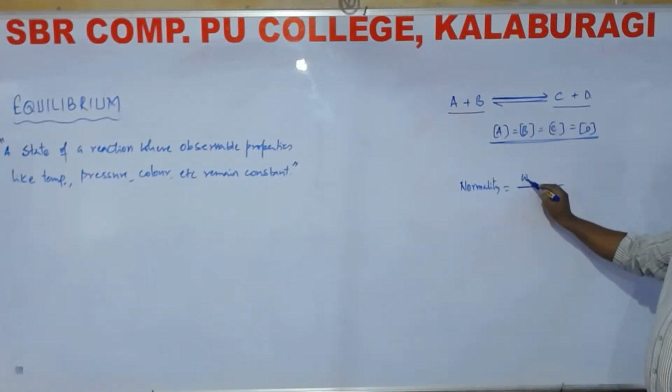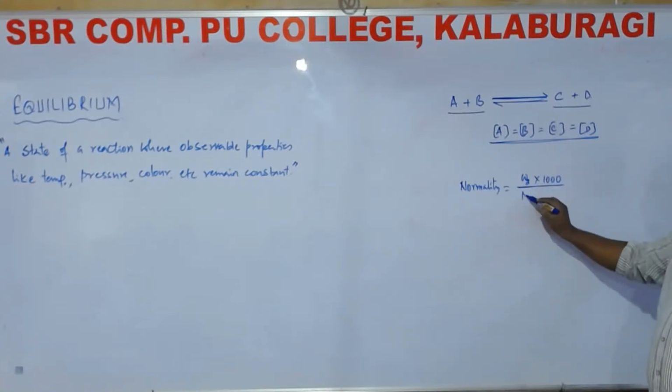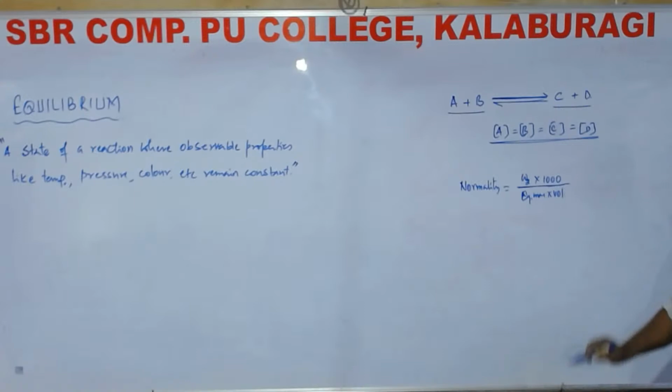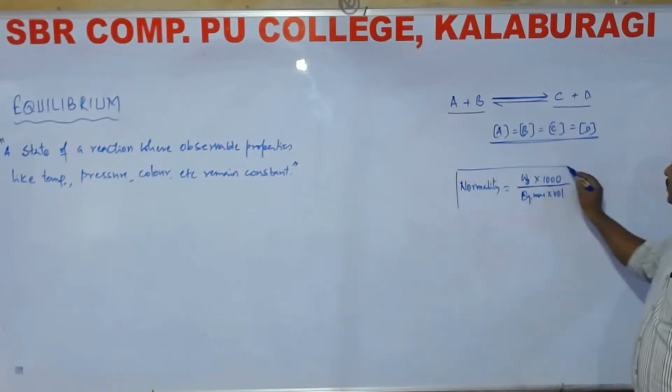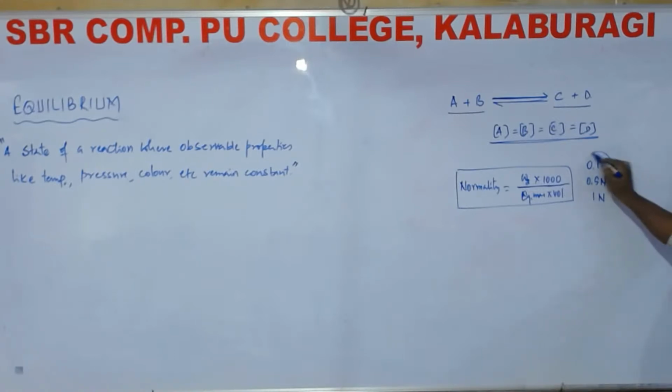It is mass of the solid, that is W2, into 1000, divided by equivalent mass of the substance into total volume of the solvent. With the help of this, it is possible to calculate the normality of the solution. Generally, in our reactions, the substances may be 0.1 normal, 0.5 normal, or 1 normal. Different concentrations are generally considered.